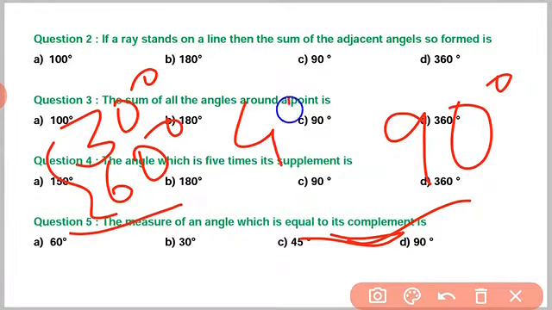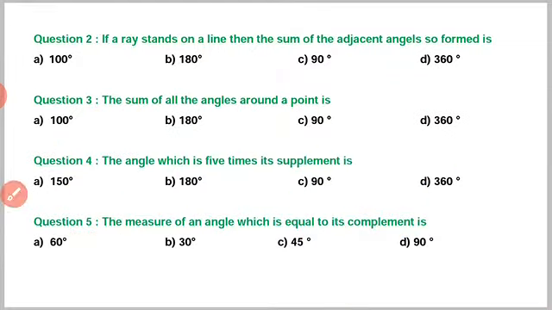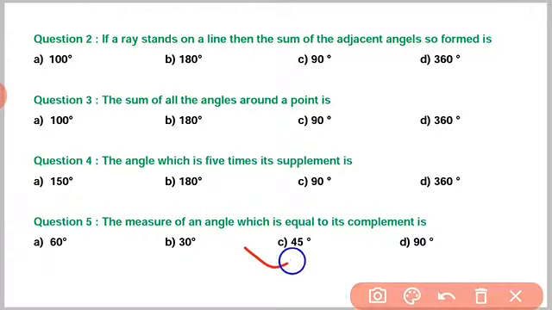But when the angle is 45 degrees, what will be its complement? It will be equal to 45 degrees, and they both are equal. So the measure of an angle which is equal to its complement is 45 degrees.